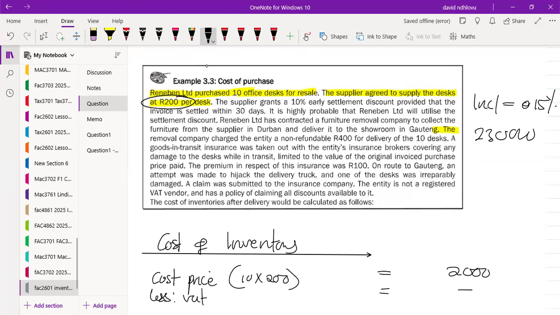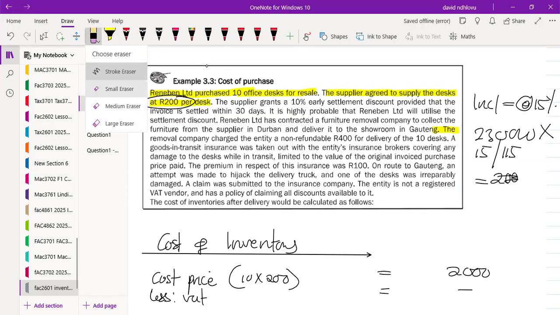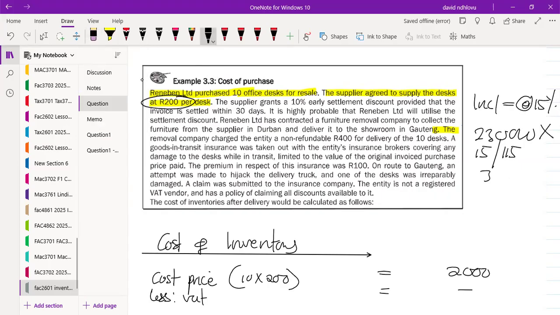If you want the VAT amount, you multiply that figure by what is called the VAT fraction, which is 15 over 115. It will give me the VAT amount, which will be 300,000 there. Just in case they give you a question where they say the amount included VAT, you will have to calculate the VAT amount, and this is the formula for such a calculation.